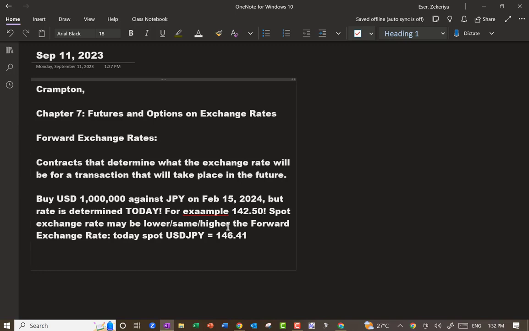Let's get something started to figure out what's the proper way of calculating a forward rate. What is fair, which means arbitrage free, forward exchange rate.